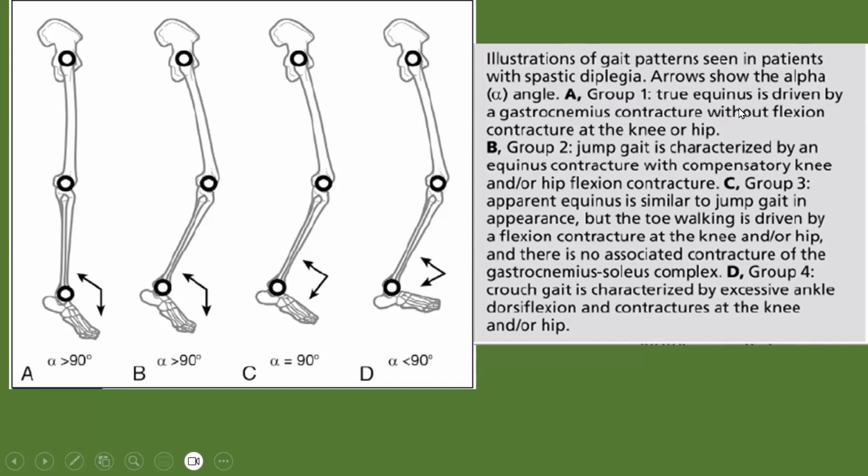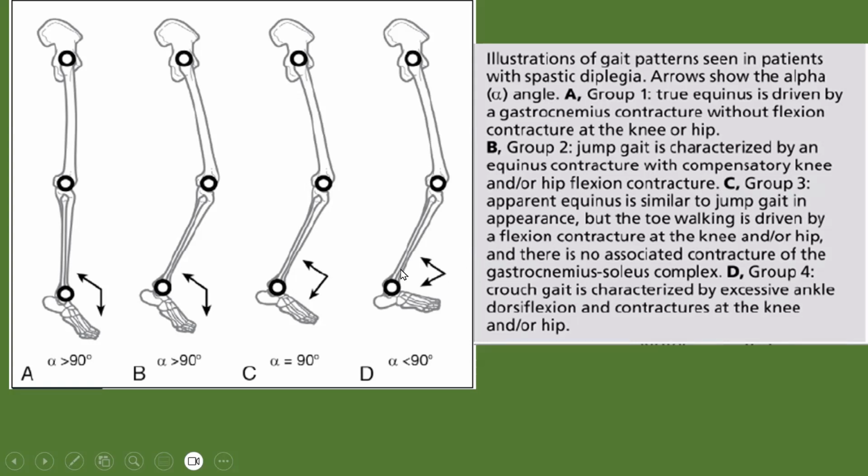In group 1, a true equinus is driven by the gastrocnemius contraction without flexion contraction at the knee or hip. In group 2, you see that the angle has become more pronounced with respect to the flexion of the knee and hip. The jump gait is characterized by an equinus contraction with compensatory knee and or hip flexion contraction to clear the foot off the ground.